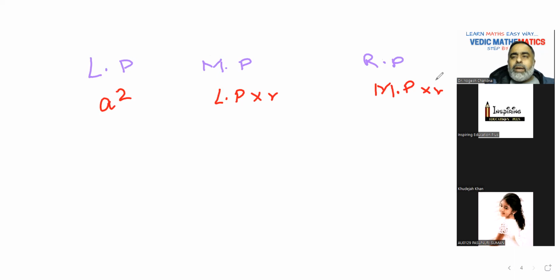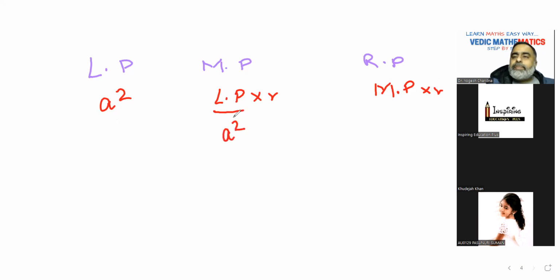The definition of the sutra says, if you start from finding the square of the first digit and progress in a ratio, you will get the square of the last digit or second digit. Now, I'll tell you how. First is clear, A square. What would be the middle part?